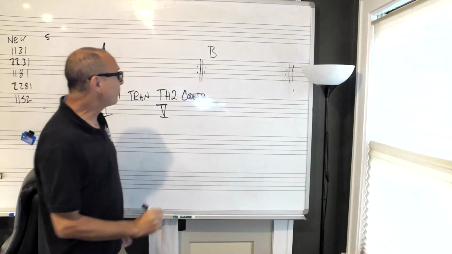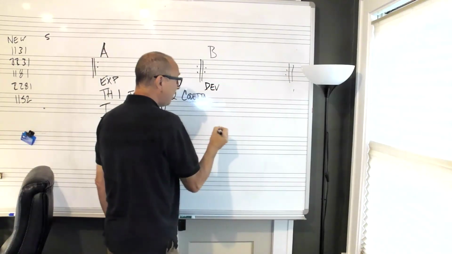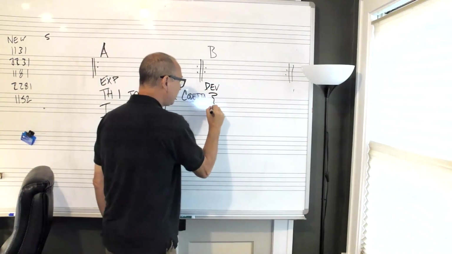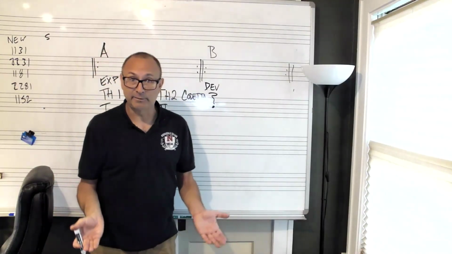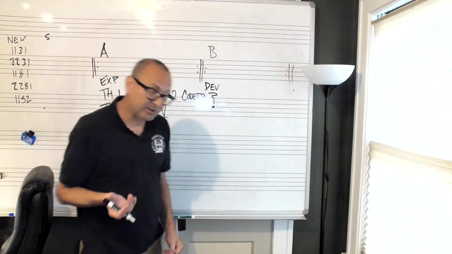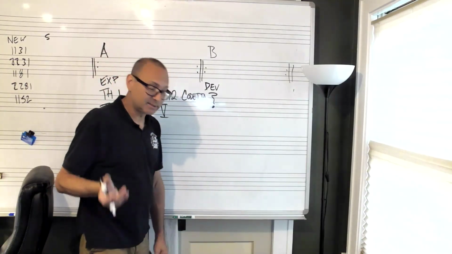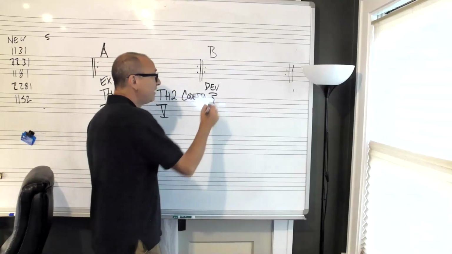All right? Then we cross over to the development section. And for the development section, I always put a question mark because we don't know what the plan is. This is the exciting part. All right? So this is 15 minutes into NCIS. Pick a city. Development section.